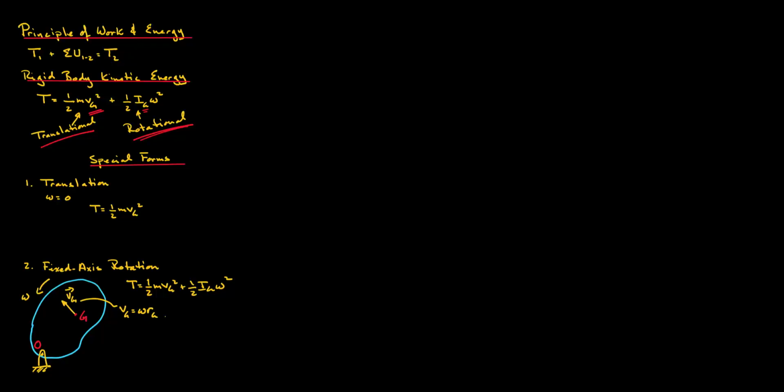So r_G is the position vector connecting the axis of rotation and whatever point we're interested in finding the linear velocity v. So what we can say here is that T is equal to 1/2 m, and then we would have omega squared r_G squared plus 1/2 I_G omega squared.